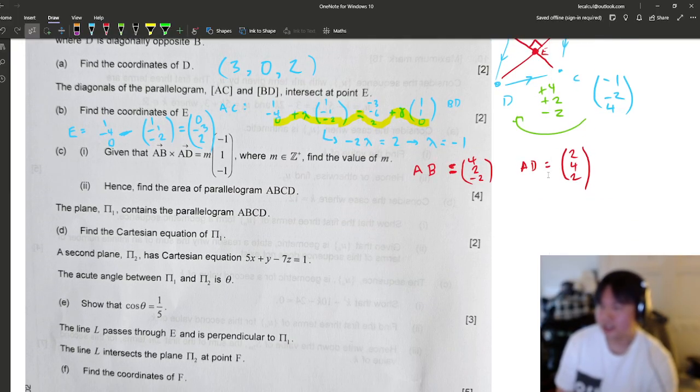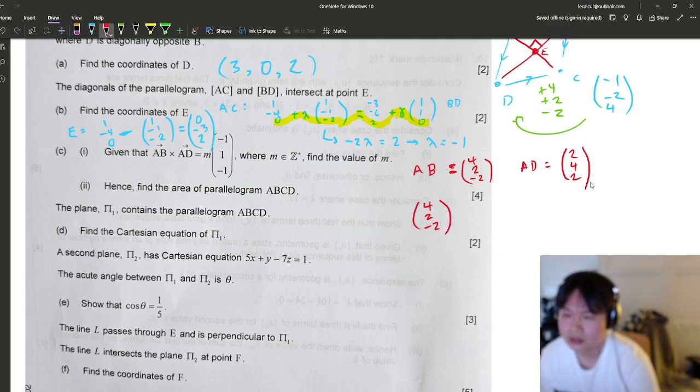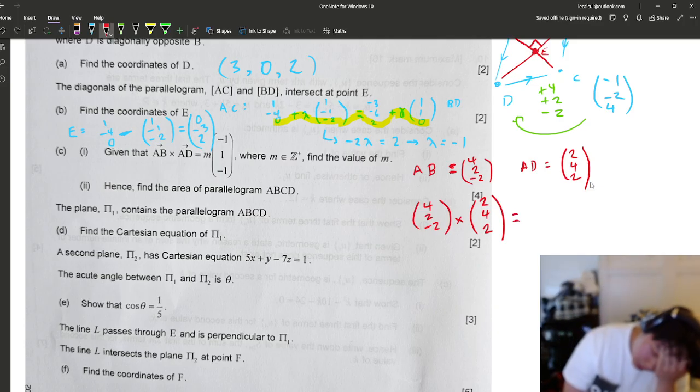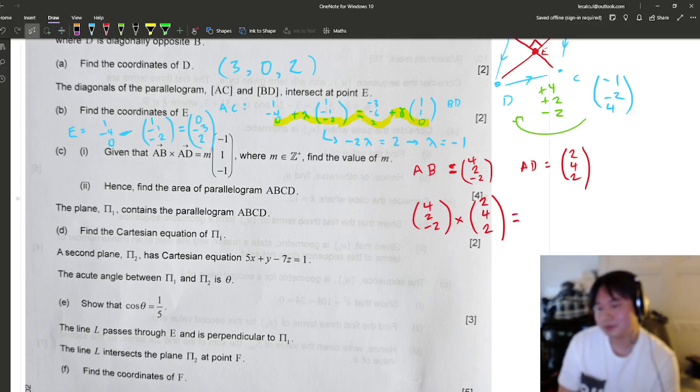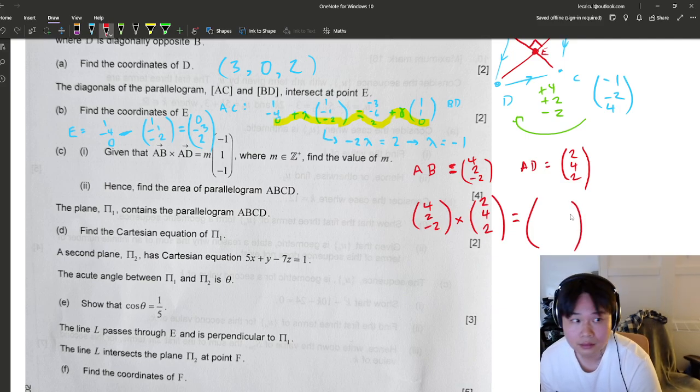Okay, then we cross them. No, I don't want to do the cross product. I freaking hate the cross product. Okay, what the heck is this? It's 4 plus 8.